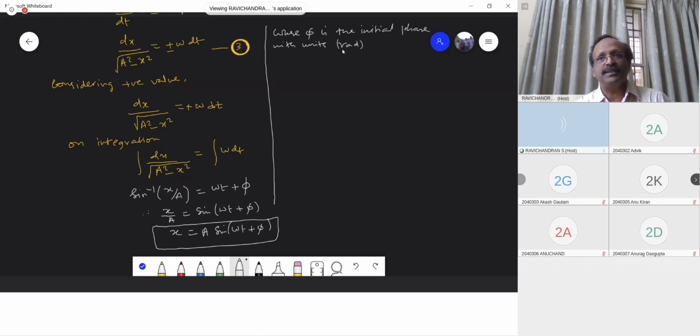Remember radian. It must take the unit of omega t; dimensionally, only then can we add this. Okay, this is the first part. I take it as the fourth equation.